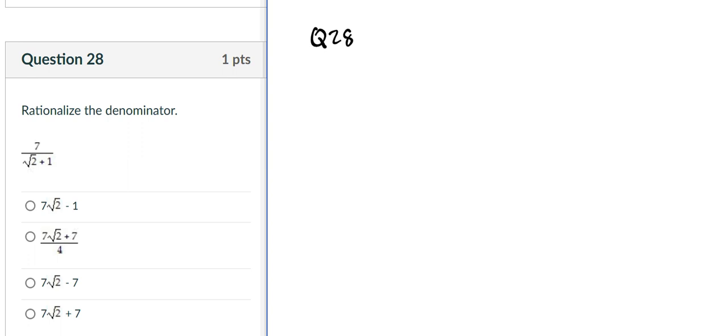Rationalize the denominator, as we do not want the denominator to contain a radical number. We have 7 over radical 2 plus 1.